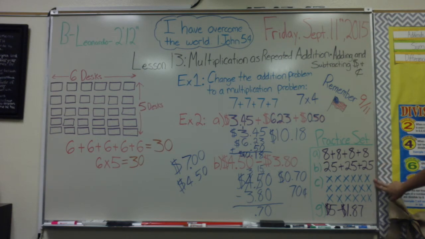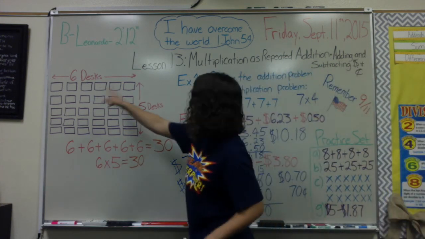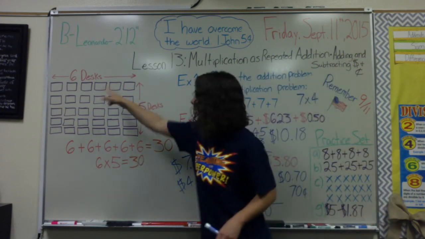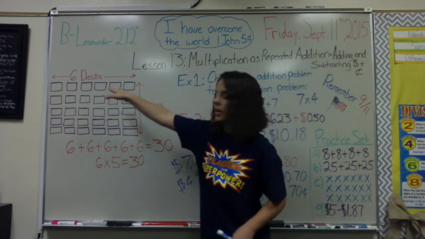Letter C, you're going to write this as a multiplication problem. So this is similar to our desk problem where I had 6 desks going across and I had 5 desks going up and down. I counted all the way across and up and down, and I multiplied those two numbers.